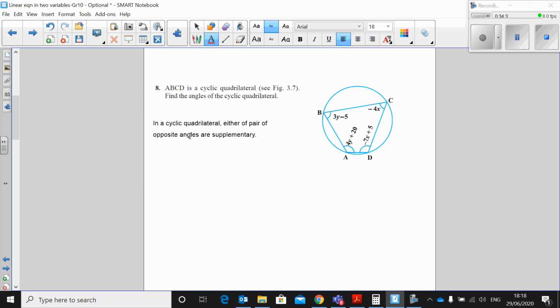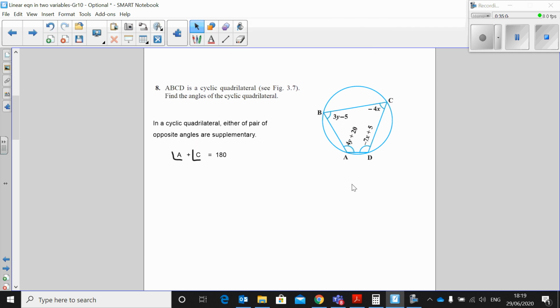Angle A plus angle C equal to 180 degrees, opposite angles.